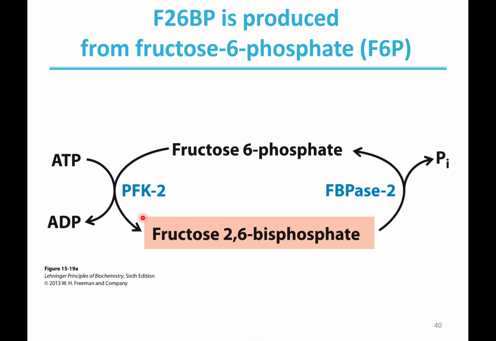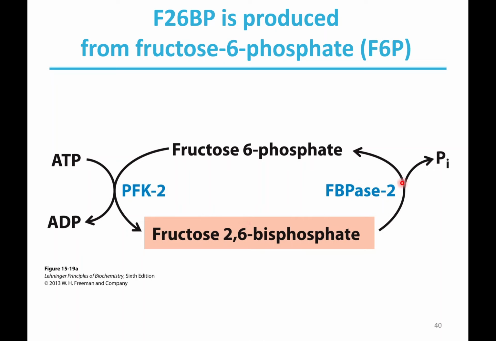This cycle is catalyzed by enzymes that have very familiar names, and this is where it can get very confusing. Converting fructose 6-phosphate to fructose 2,6-bisphosphate is done by an enzyme called PFK2, phosphofructokinase 2. Not to be confused with PFK1, the glycolytic enzyme.